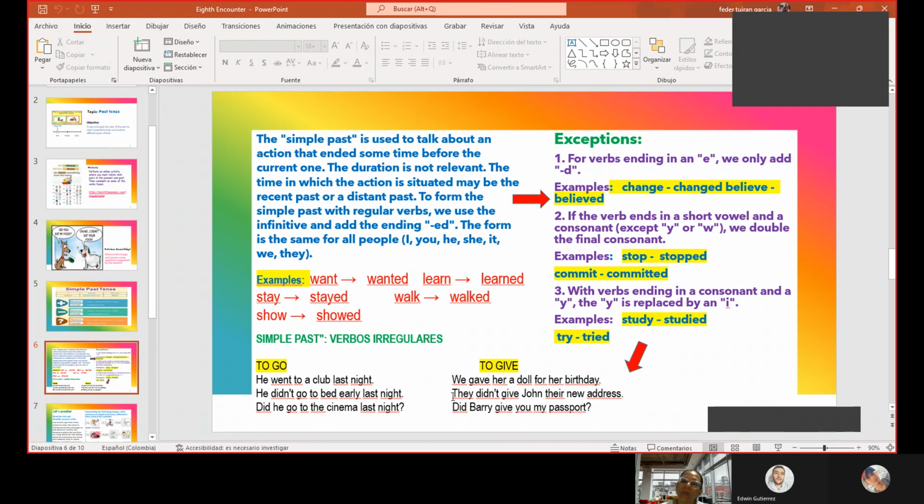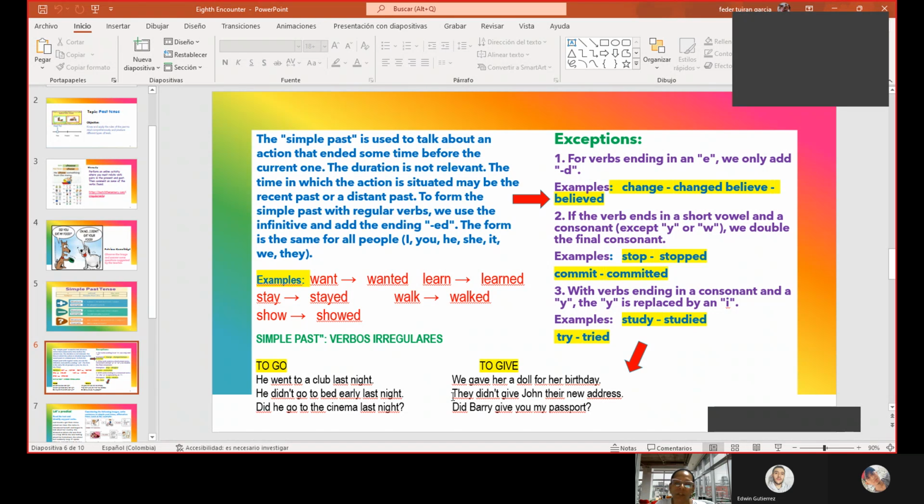According to Edwin's question in the warm-up, yes, we use the verb in the past only in the affirmative form. But if you are writing a negative or a question form with an irregular verb, you use the auxiliary did.